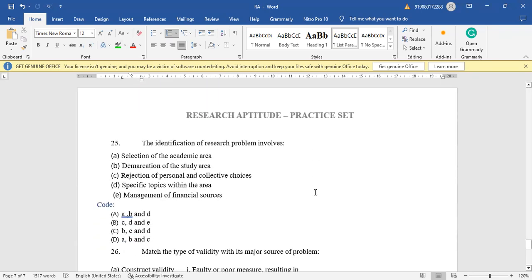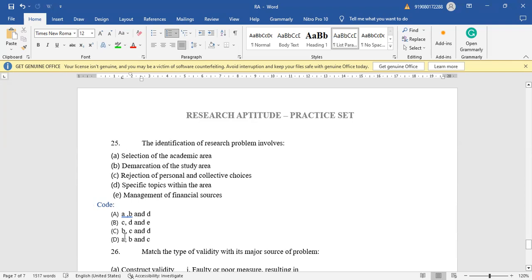The identification of research problem involves dash. Option C. Let us check one by one.